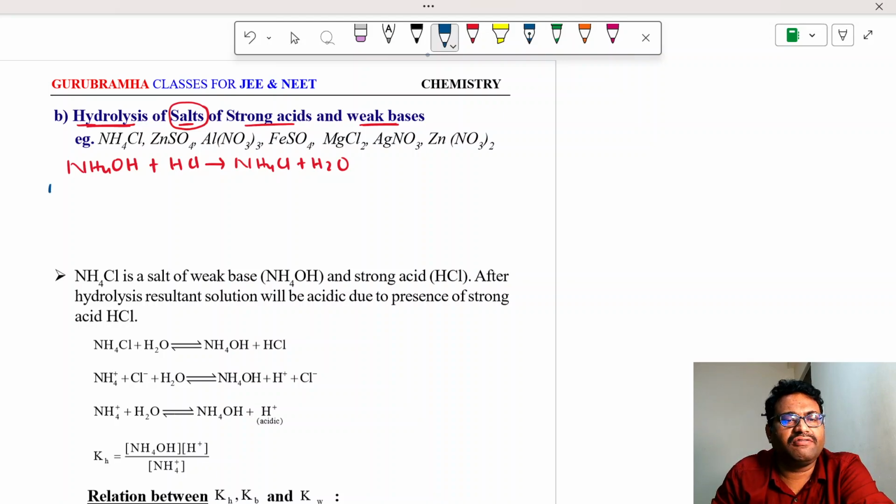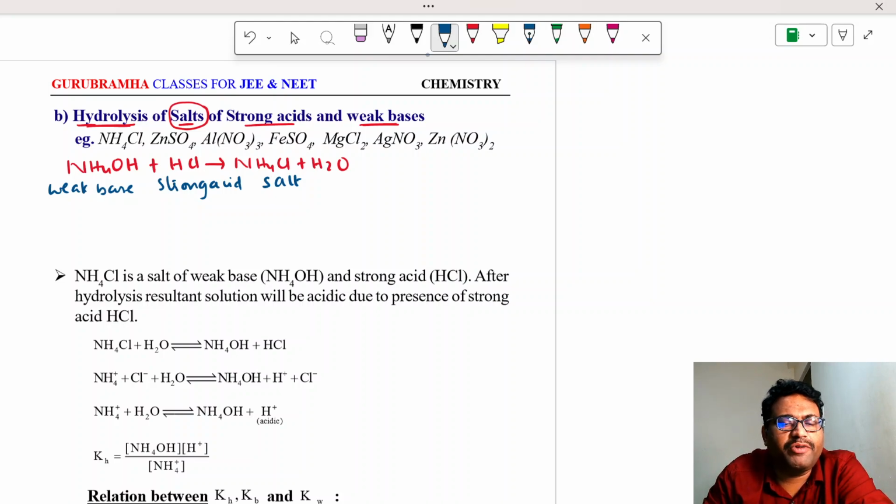Weak base. It is this weak base, and HCl is a strong acid. This is the salt, right? So which type of salts are we speaking about? We are speaking about the salts of strong acid and weak base.